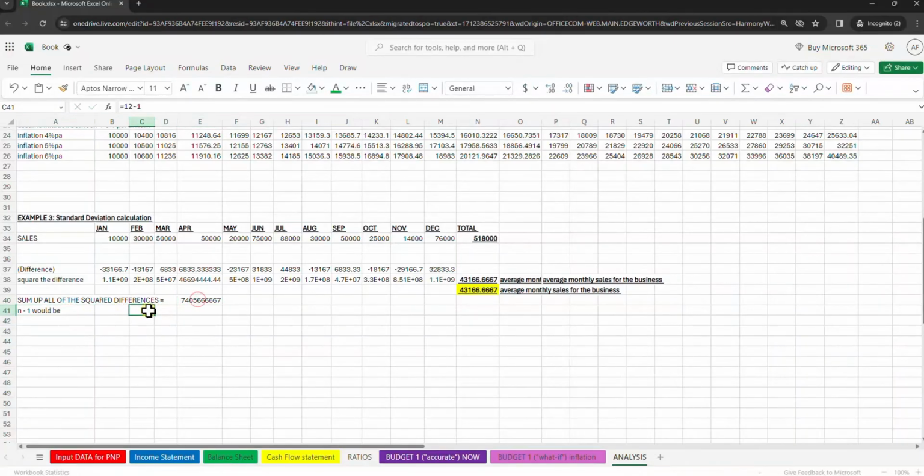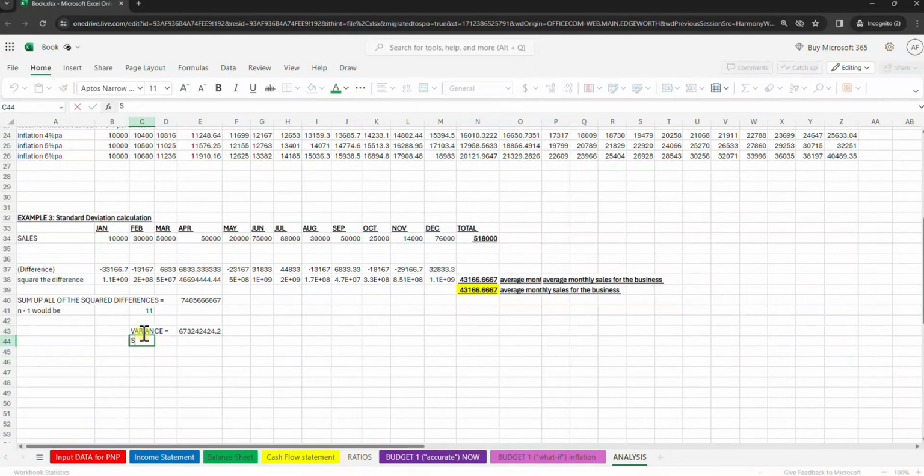So this divided by 11, equals, this would be the variance. Actually, let me do it in this column. So we have the space, this divided by 11, and that would represent the variance.